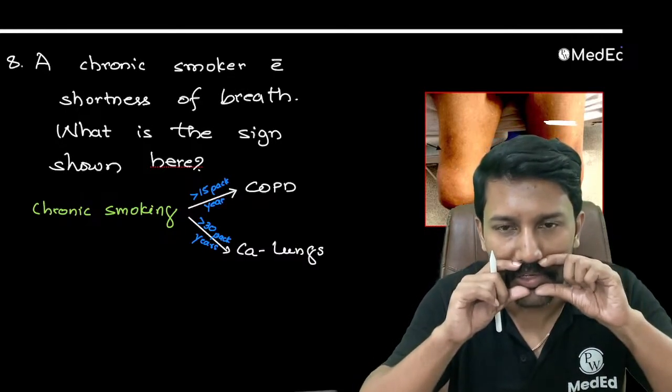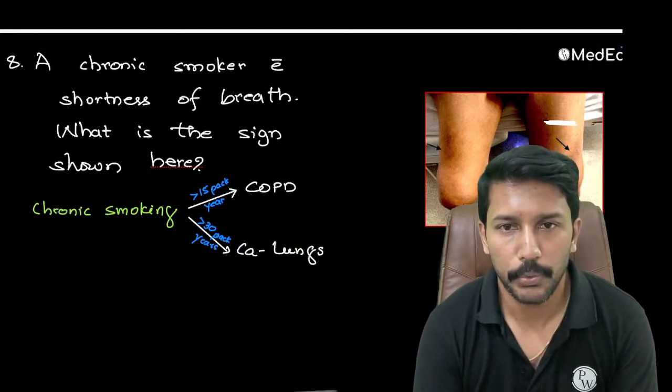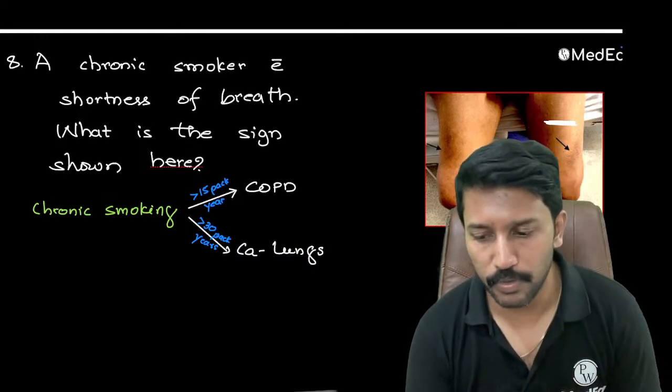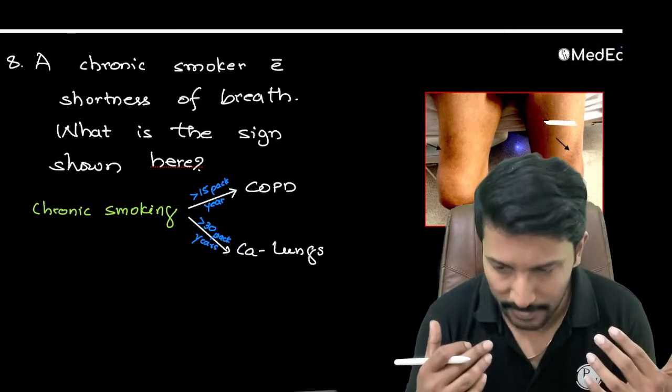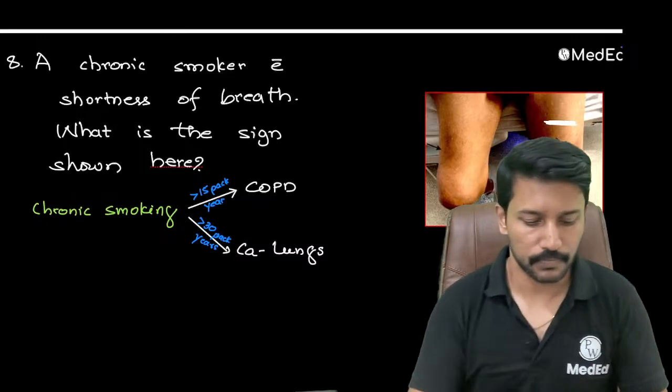Second thing, they will purse the lip, right? So when a COPD patient breathes, they are breathing like this. This is what we call pursed lip breathing, right? And this position where they are sitting, leaning forward, and their elbows are resting on the thighs, what is it called?